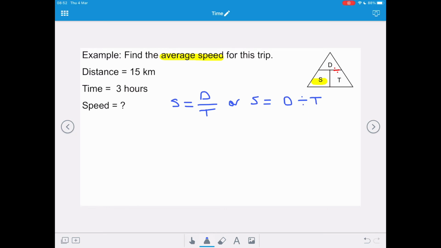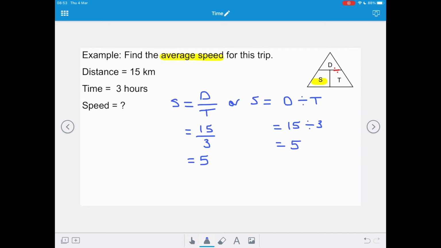And then we're going to substitute in our numbers. So we've got a distance of 15 over a time of 3, or we can write it, substituted into the second version, as 15 divided by 3. And 15 over 3 is 5, and 15 divided by 3 is also 5.